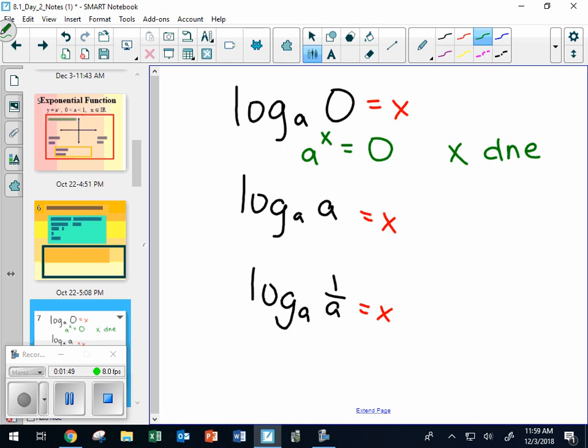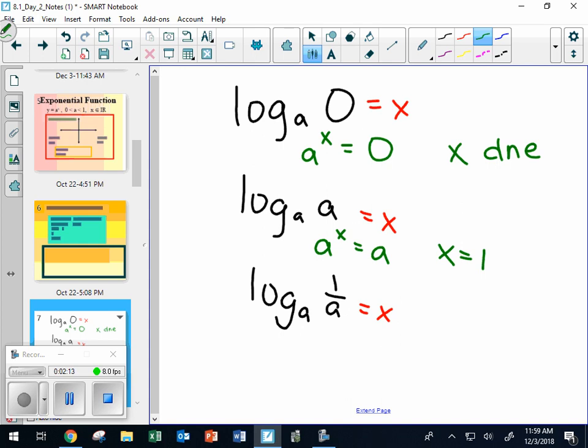Katie, would you like to call on somebody? Row 5, person 1. So could you let us know, what did you get for this next one? A to the x equals a, so x equals 1, because a is the same thing as a to the power of 1, indeed.